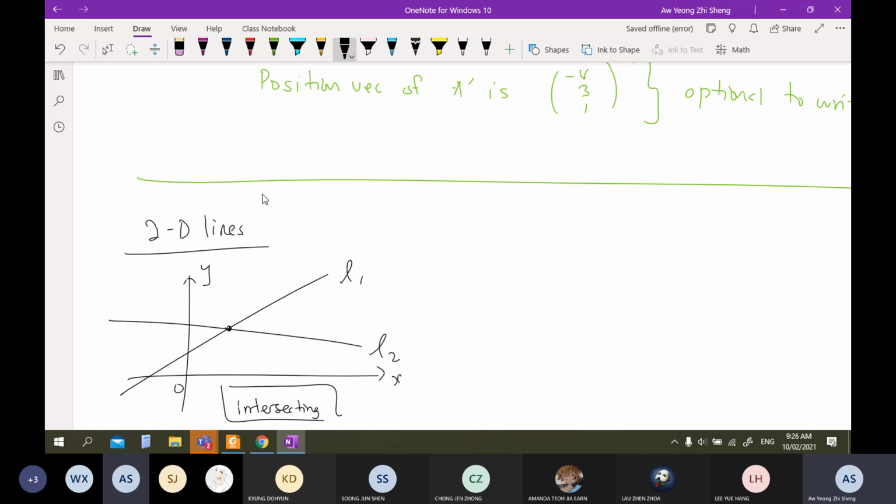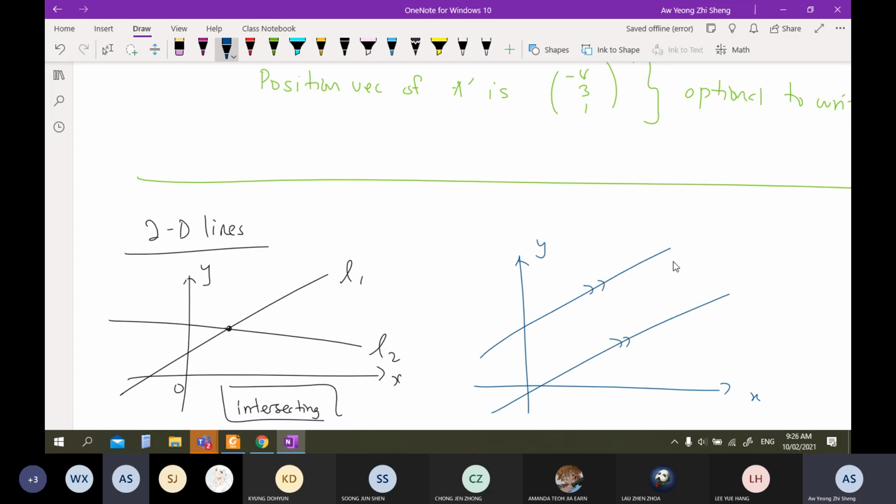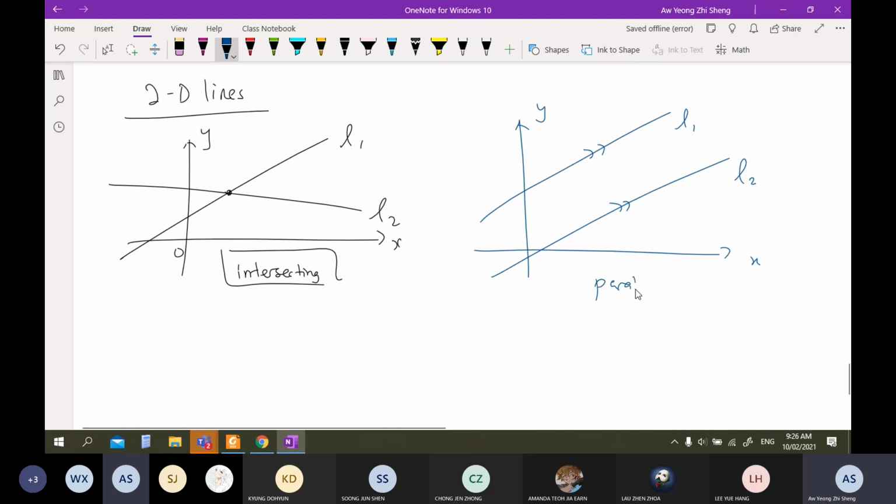Second possibility, this is parallel, but not coincident.